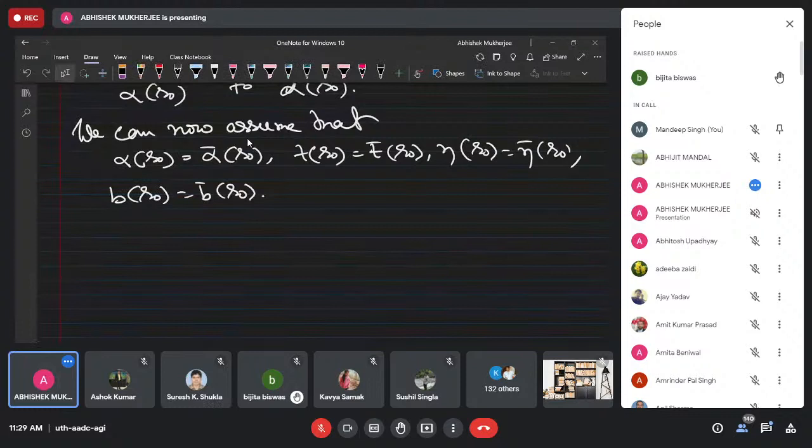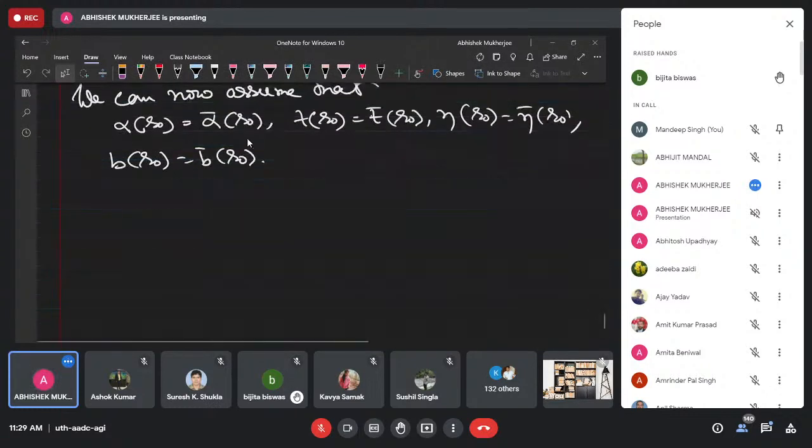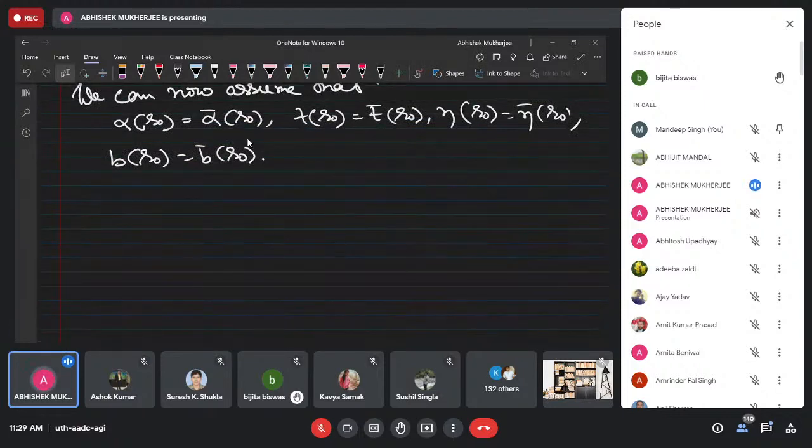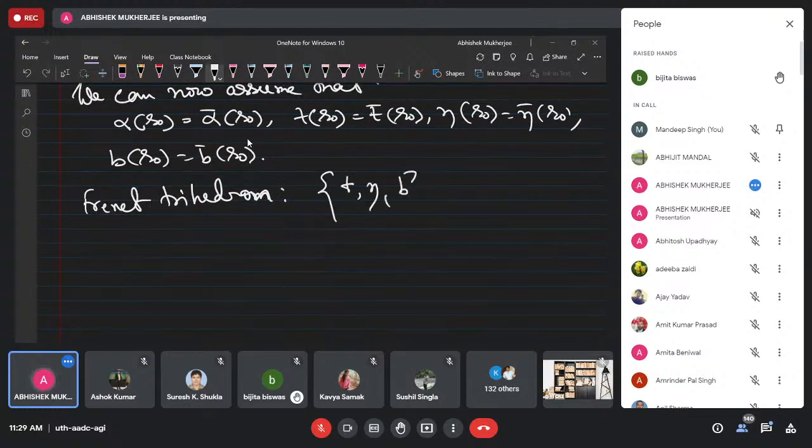And now you can apply the Frenet trihedron for any s. So for any s, your Frenet trihedron, that means for alpha it will be T, eta, B, and T bar, eta bar, B bar for alpha bar.